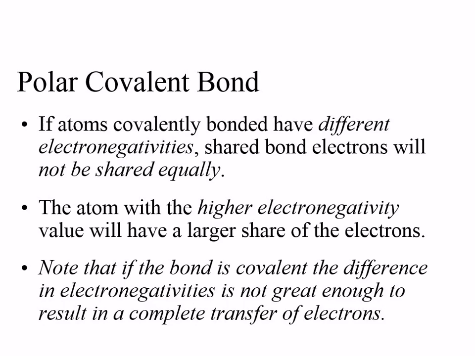Notice that if somebody identifies a bond as covalent, electrons have to be shared. Only if delta chi is generally greater than 1.7 do our electrons transfer.